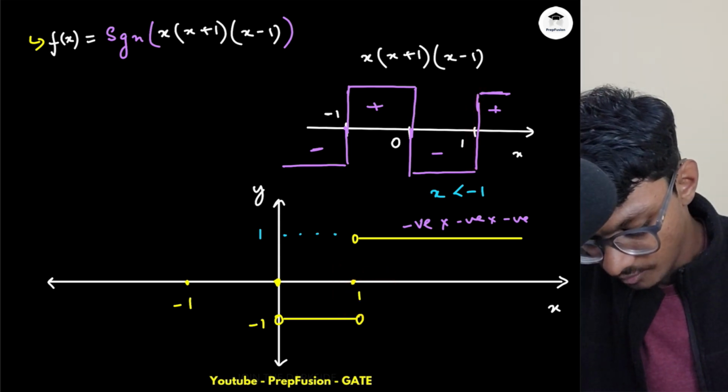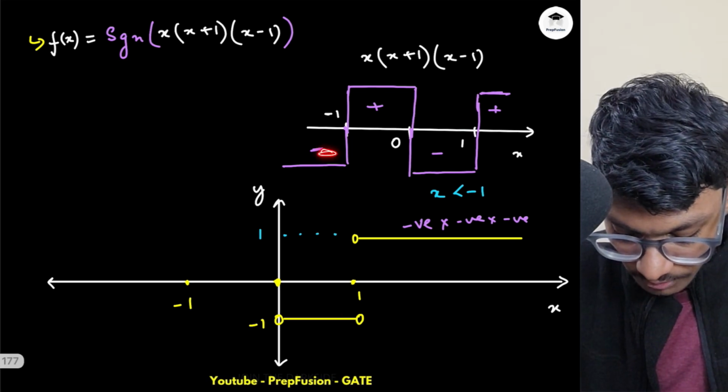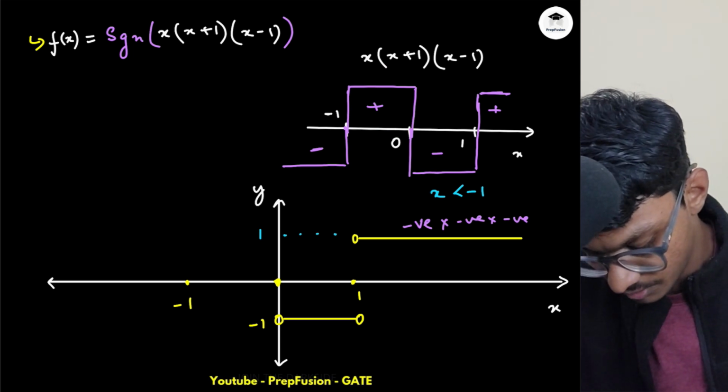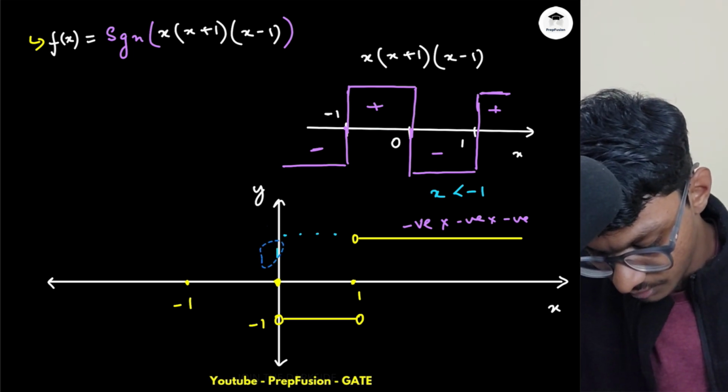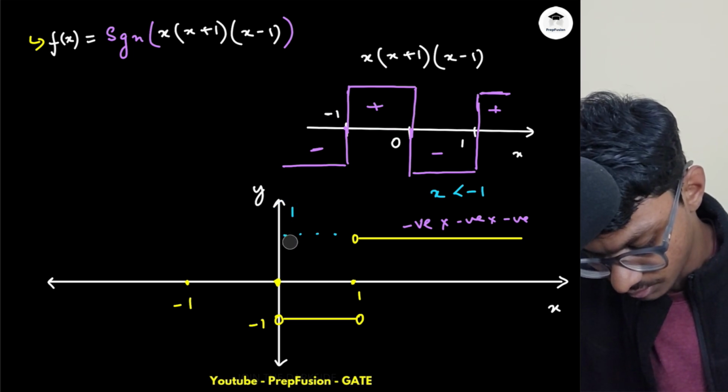Okay, and what is happening on the negative side? When x is lower than 0, between minus 1 to 0 it is positive. So if it is positive, the graph will look something like this.